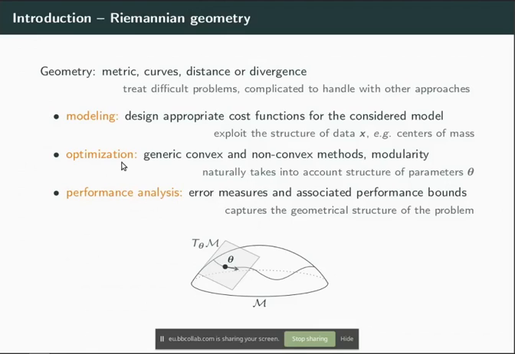And finally, it will be the last example I will present. It's very useful for performance analysis, where we can define some performance bounds, some intrinsic covariance intrinsic Cramér-Rao bound, and define some geometrical error measures.